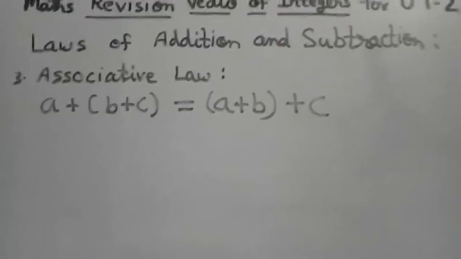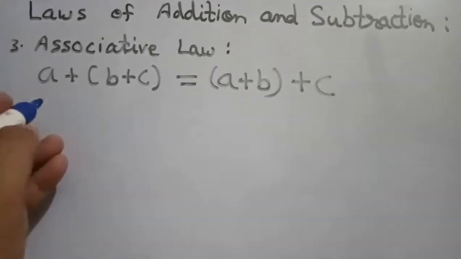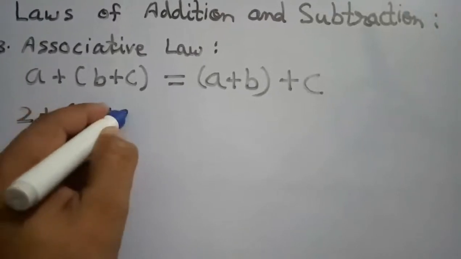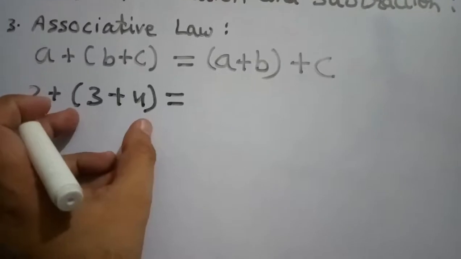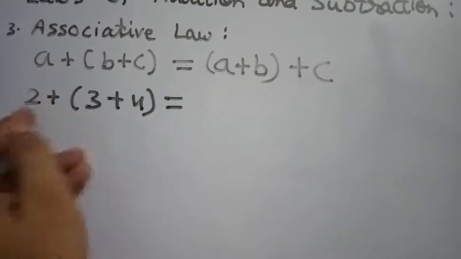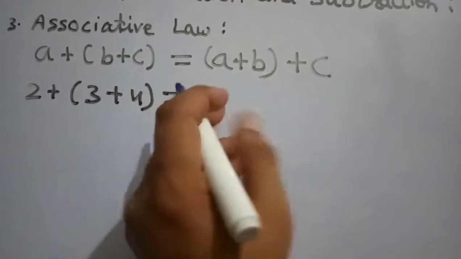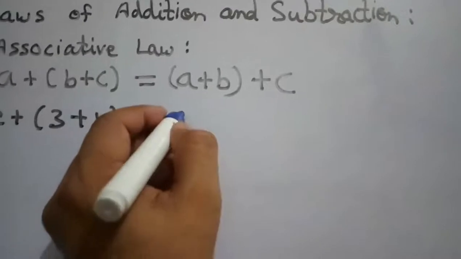The next law is the associative law. In this law, we introduce three integers. For example, 2, 3 and 4. If we add the last two integers and the sum is added to the first integer, the result will be the same as if we add the first two integers and the result is added to the last integer.